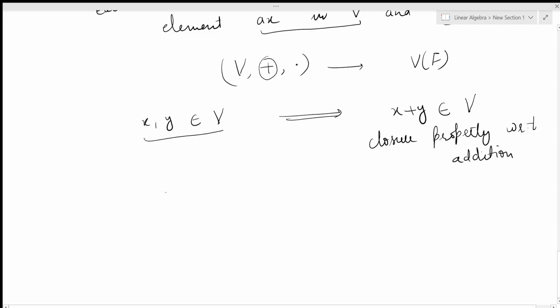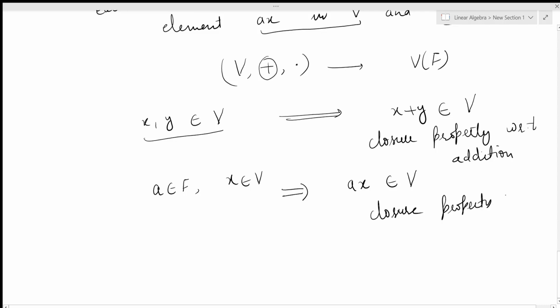Now the second one: if a is a scalar belonging to F and x is a vector belonging to V, this implies ax belongs to V. This is the closure property with respect to scalar multiplication.